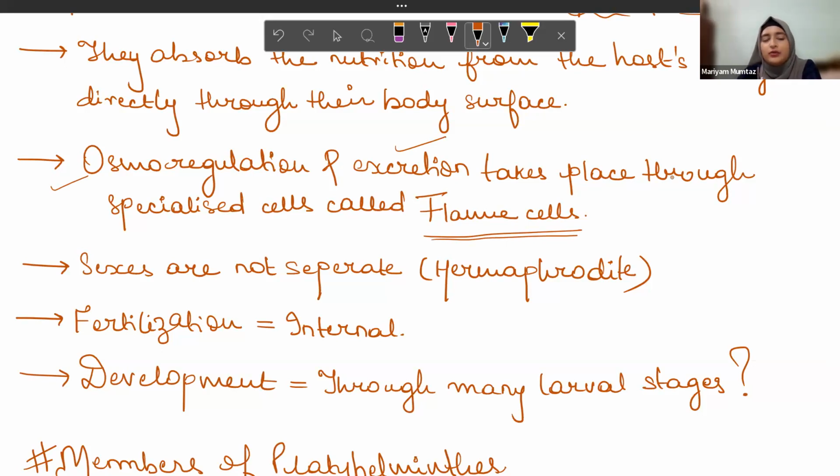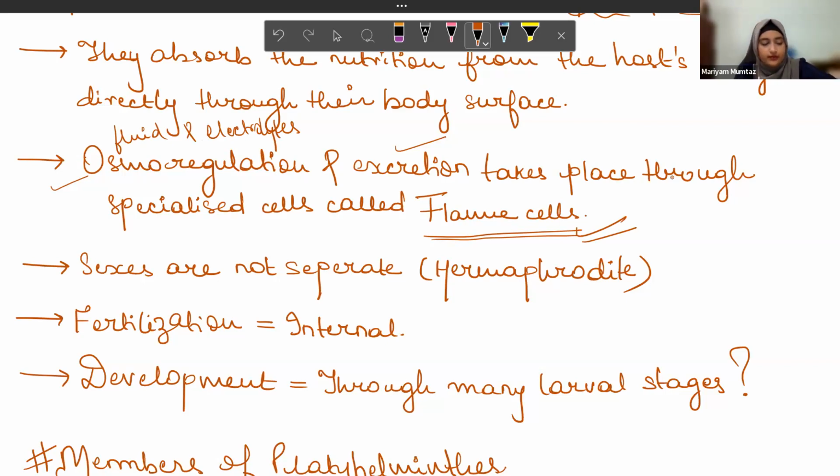Yeah, you're right in one way, but basically osmoregulation is all sorts of fluid and electrolyte regulation. So in osmoregulation, fluid and electrolytes are regulated with the help of flame cells. And these flame cells also help in excretion. All the excreted or waste products move out of the body with the help of flame cells.